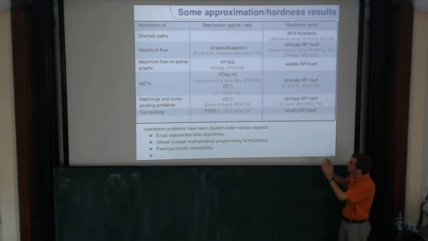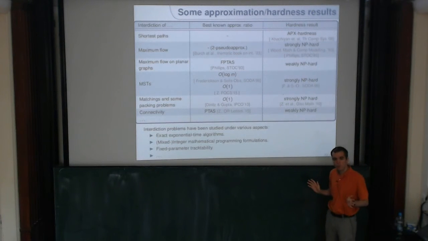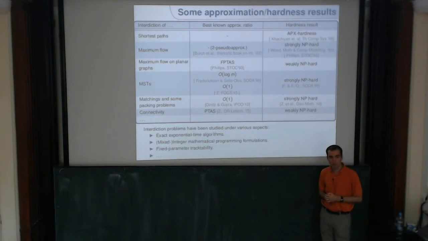And it turns out that there are pretty large gaps between the best approximation algorithms and hardness results. For shortest path, everything is actually NP-hard, or at least weakly NP-hard. For shortest path, no approximation is known. The hardness is the best we know so far about that.